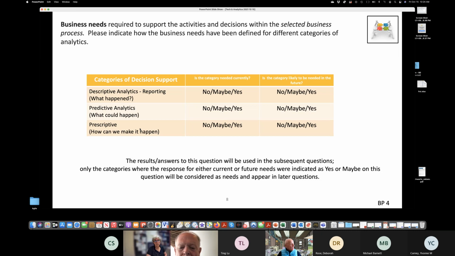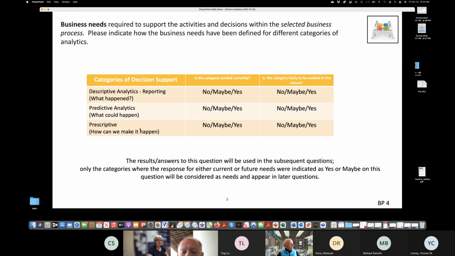Okay, so the first thing with the business needs is we're trying to ask what category of decision support do you need currently, and what do you anticipate you may need in the future? So the question would be, do you need one of the three types of analytics that we have defined, or not, we didn't define this, these are classes of analytics. One is just reporting on what happened.